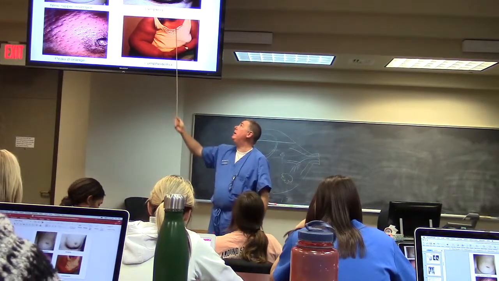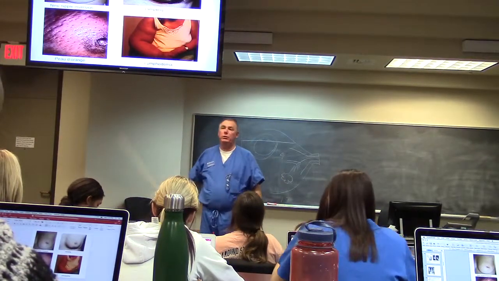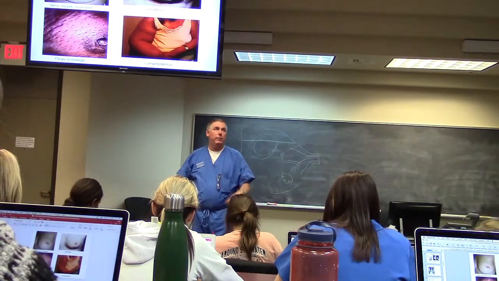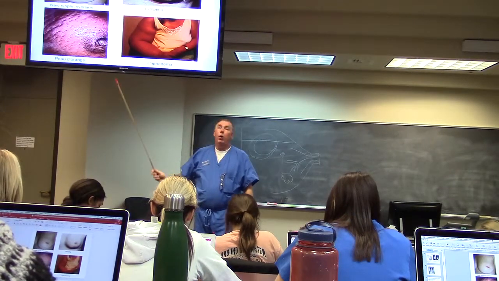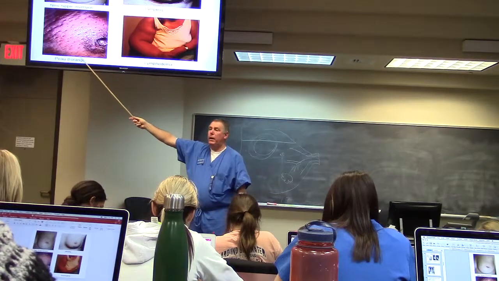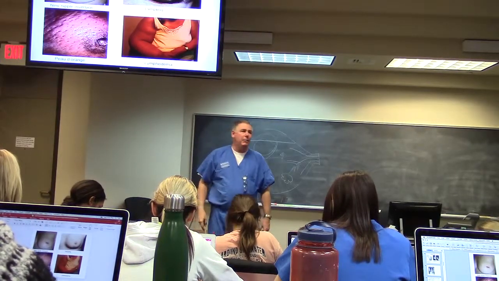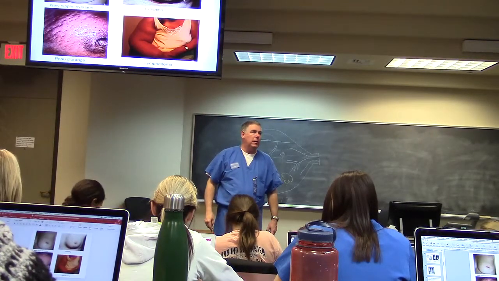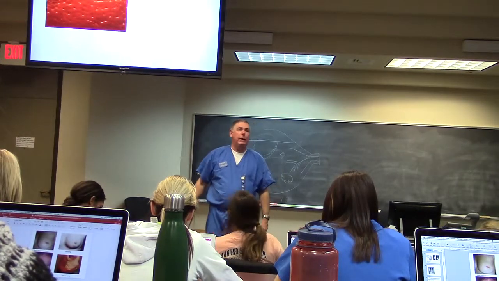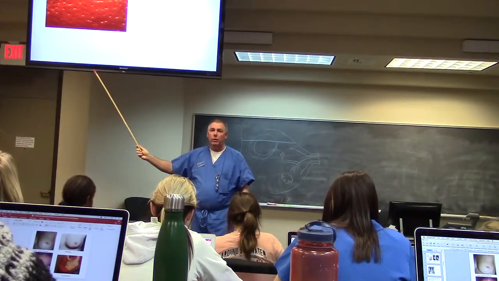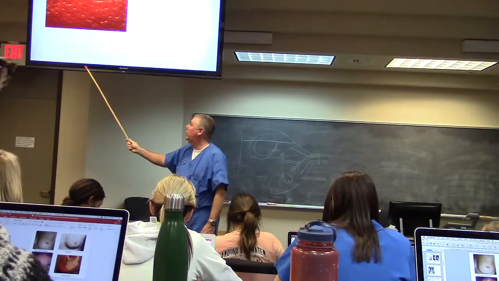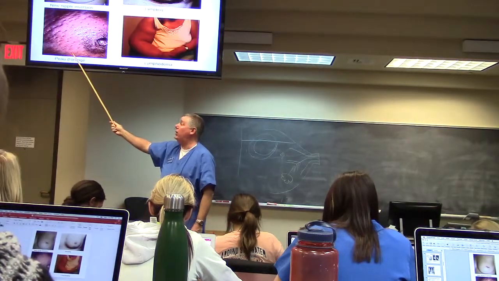Dimpling, for the same reason, you're putting pressure on Cooper's, the suspensory ligaments. Peau d'orange here is the characteristic edema of the epidermis. And the reason it has that name is that that's a picture of an orange. It's the skin of the orange. That's what it looks like.